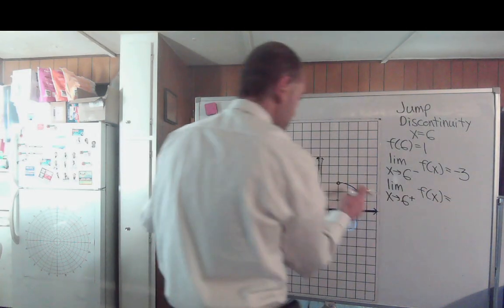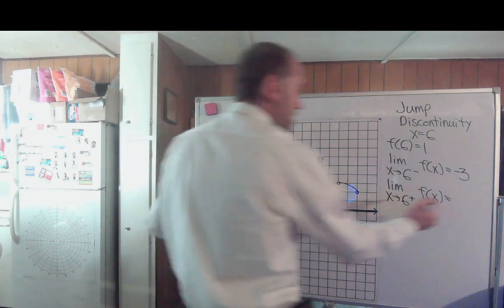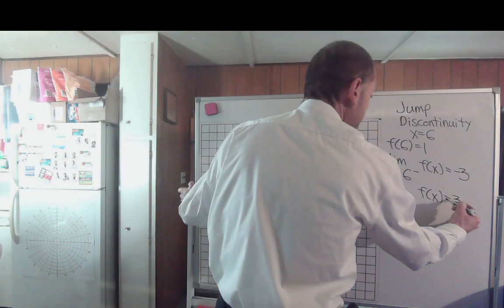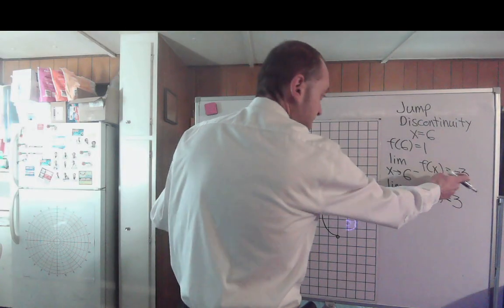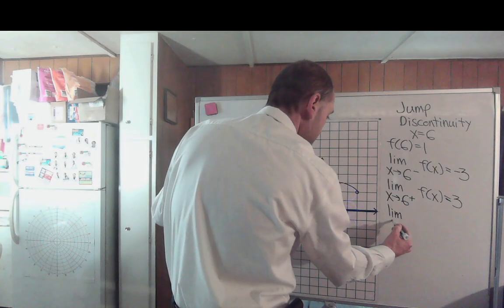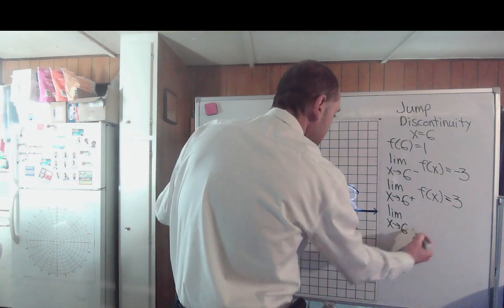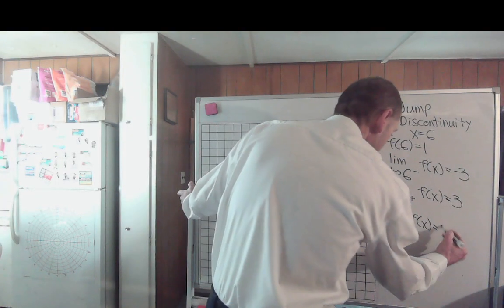You trace along your graph from the right towards x equals 6, and you'll get to a y value of 3, or I should say get infinitely close to it. Now you see the left-handed limit does not match the right-handed limit. That means in this case the general limit as x approaches 6 of this function does not exist.